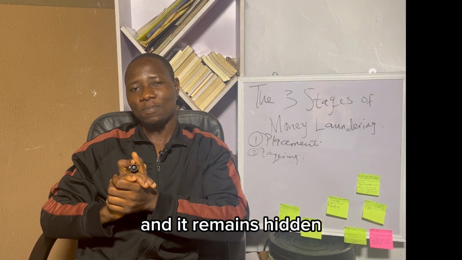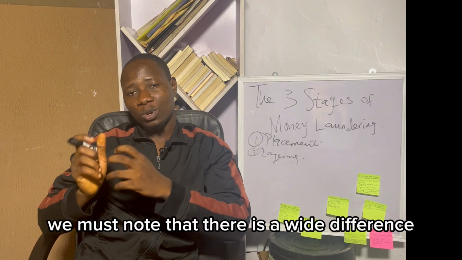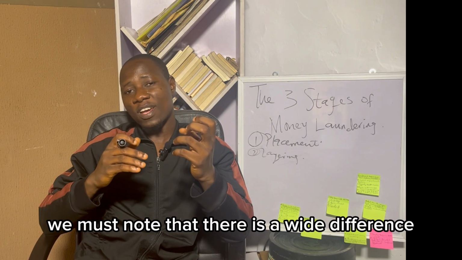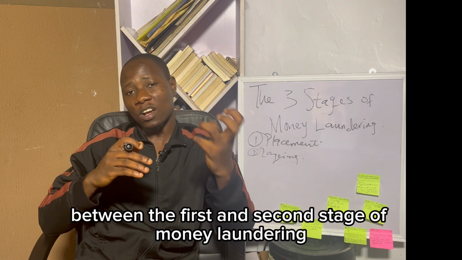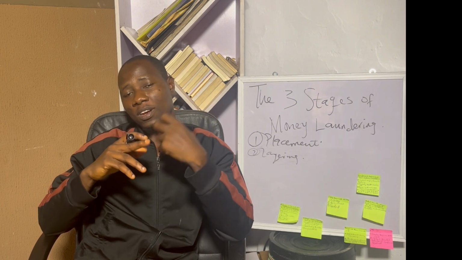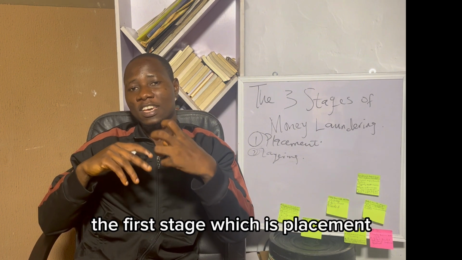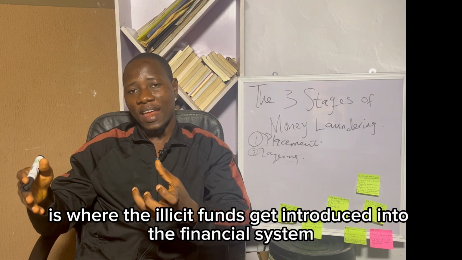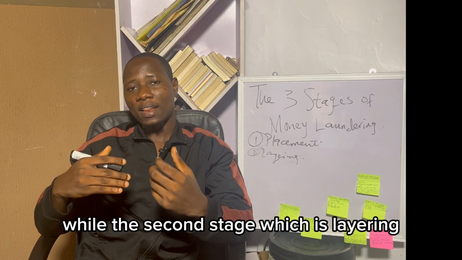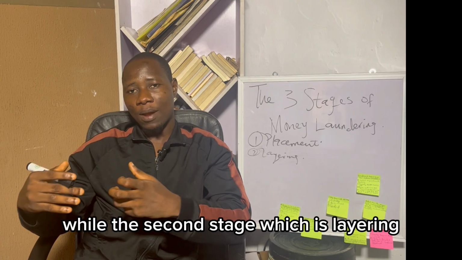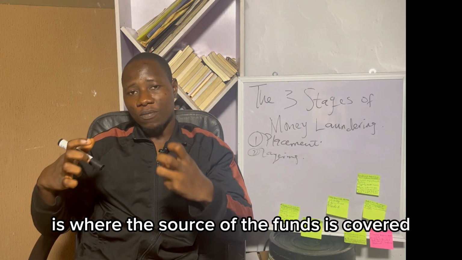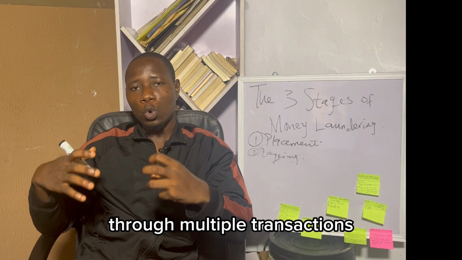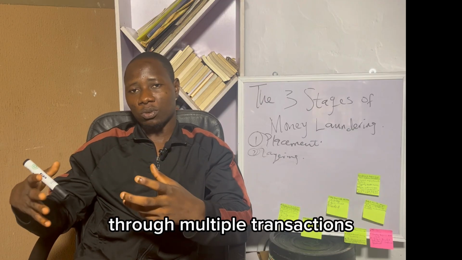We must note that there is a wide difference between the first and second stage of money laundering. The first stage, which is placement, is where the illicit funds get introduced into the financial system, while the second stage, which is layering, is where the source of the funds is covered through multiple transactions.